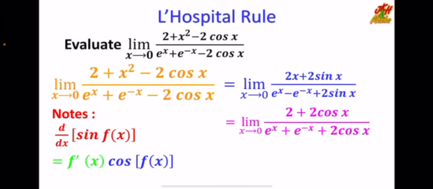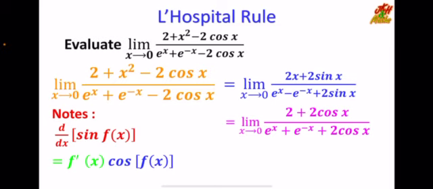So when we differentiate the numerator and denominator of 2x plus 2 sine x over e to the power of x minus e to the power of negative x plus 2 sine x with respect to x, the numerator becomes 2 plus 2 cos x. Because when we differentiate 2x, we will have 2. When we differentiate 2 sine x, we will have 2 cos x.